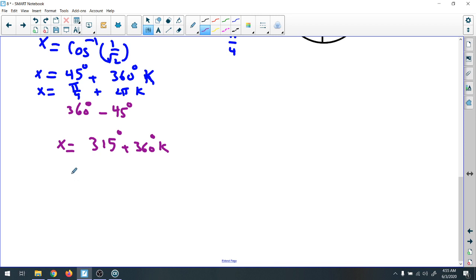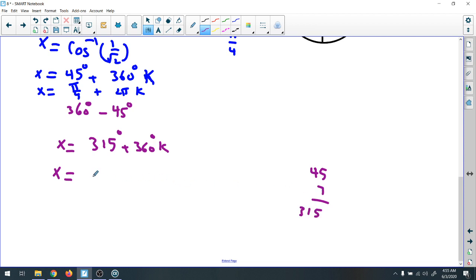Or you could convert it to the radian system. So x equals 315, which is 45 times 7. Yeah, it's 7.